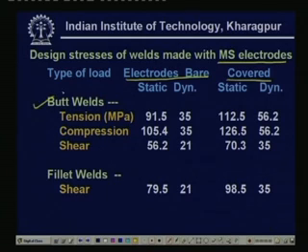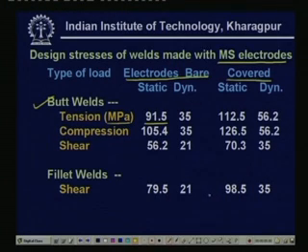If you consider a butt weld, then the tension value here is 91.5, everything in megapascal, but for dynamic stress, because of the fluctuating stress, the failure probability is more. So, when we have dynamic load, we have to make the allowable stress quite low, and that is taken care of by the fatigue stress concentration factor as well.